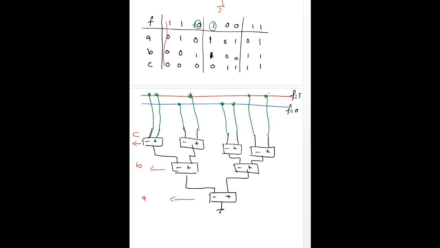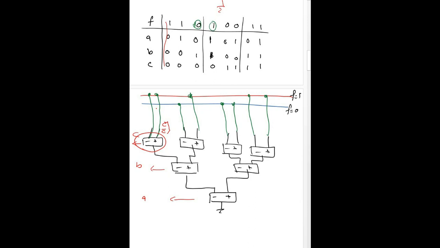But one thing to know here is we can simplify the circuit, and it is very easy to simplify. For example, if you observe this point here, this point is basically representing either we have C or we have C bar, both are connected to 1.